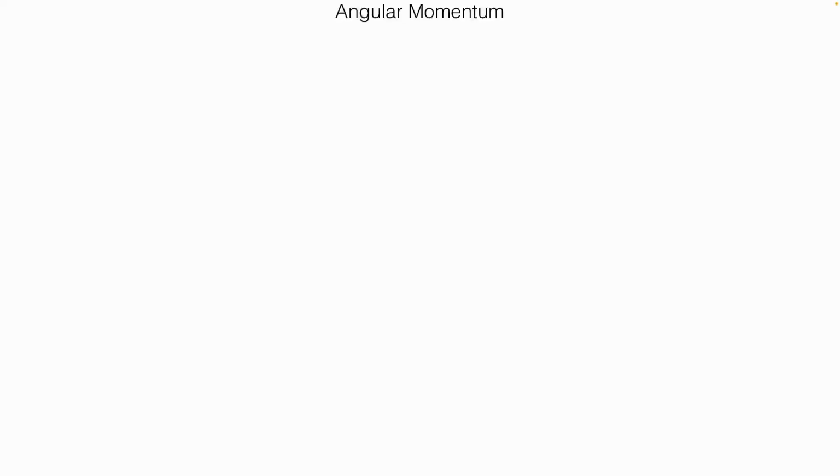So let's do the example of Mr. Balogh on the stool. Okay, so what have we got? I've got to draw a picture. Before, here's Mr. Balogh on the stool.